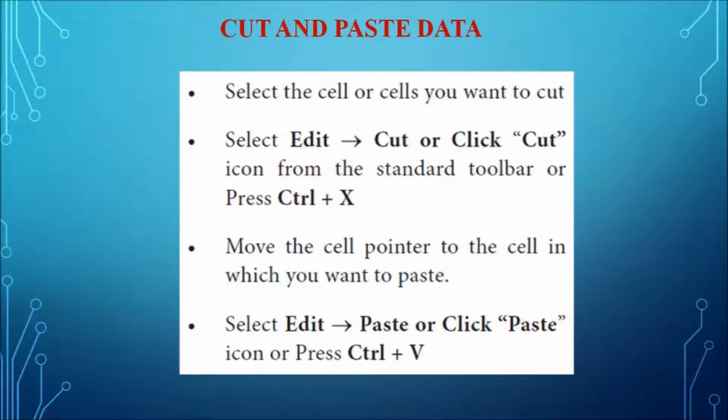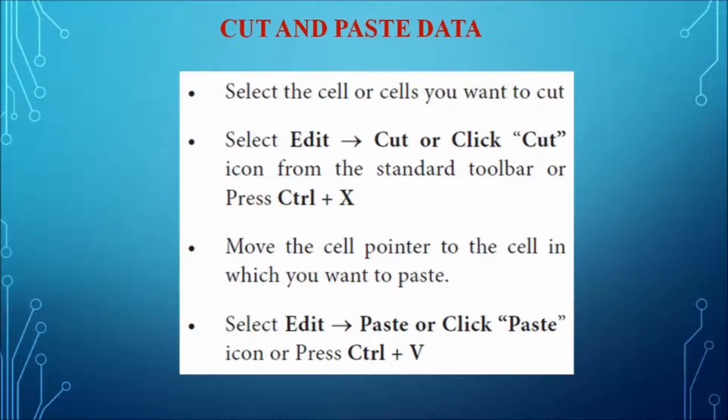Here for cut, first we have to select the cells which we want to cut from the source location. Then the user can select edit and the cut option. From the edit menu the user can select the cut option, or click on the cut icon, or press the shortcut key Control plus X. For pasting the data, it is the same procedure.